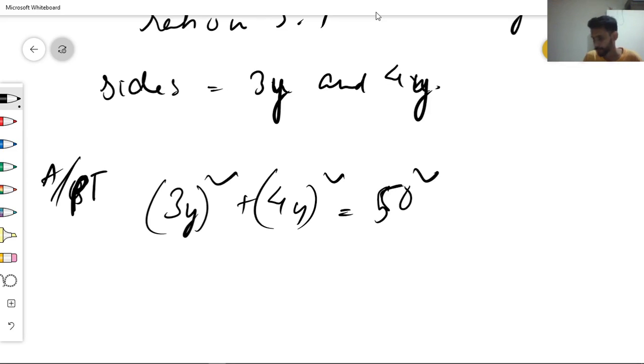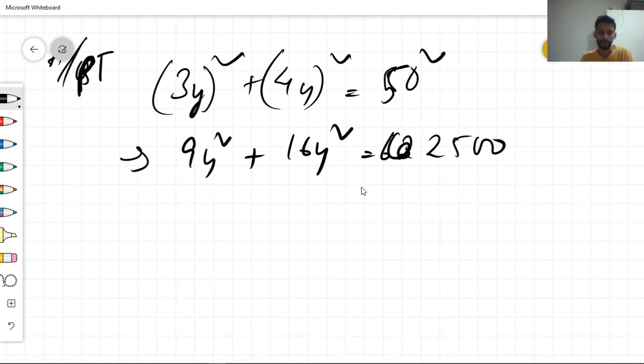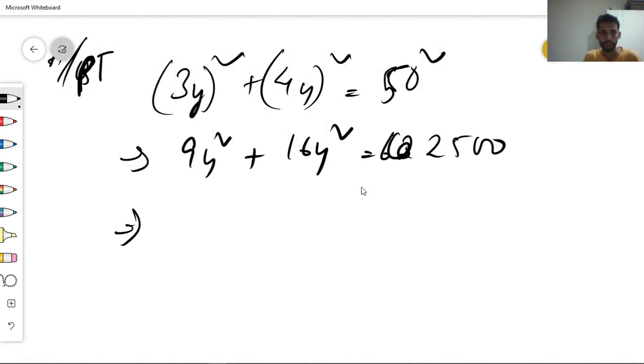Okay, so now here it will be 9y square, here it will be 16y square, here it will be 2500. So here it will be 16, 9 plus 9 and 16, here it will be 25y square is equal to 2500.